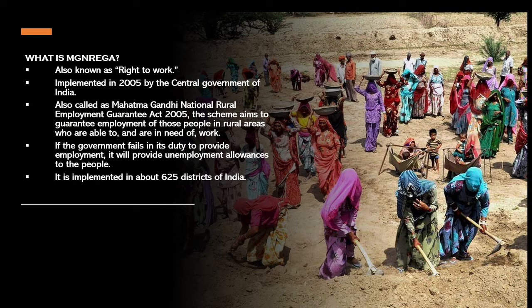The scheme aims to guarantee employment to those people in rural areas who are able to and are in need of work. If the government fails in its duty to provide employment, it will provide unemployment allowances to the people. It is implemented in about 625 districts of India.